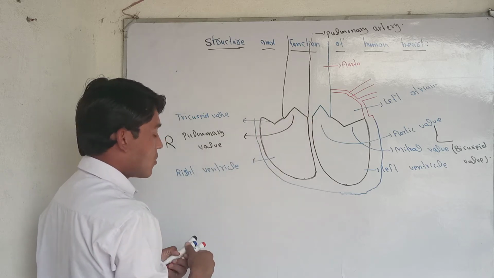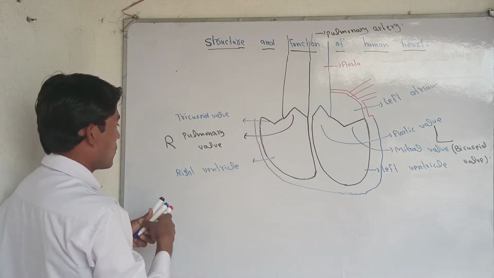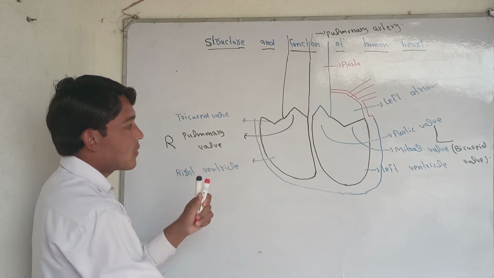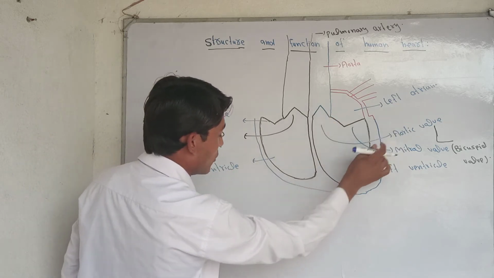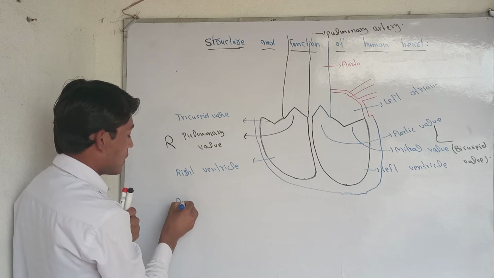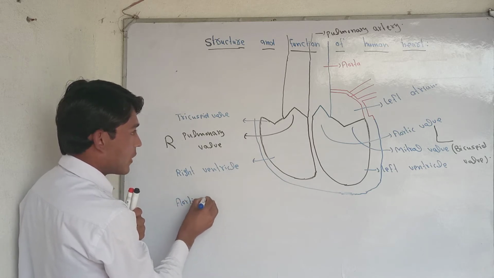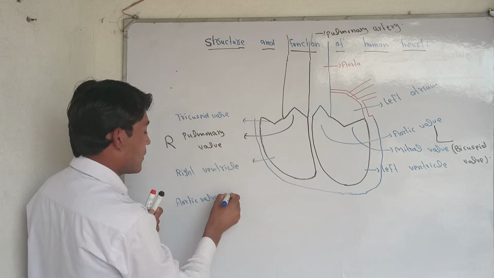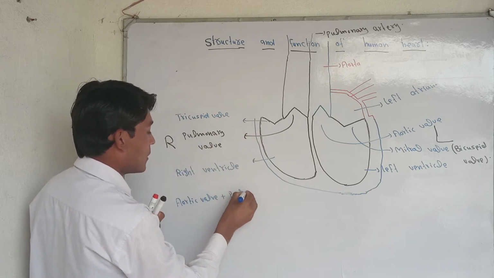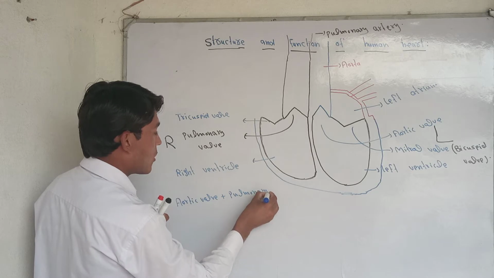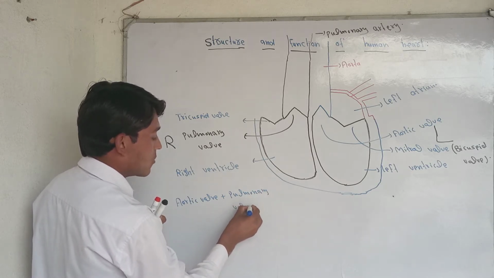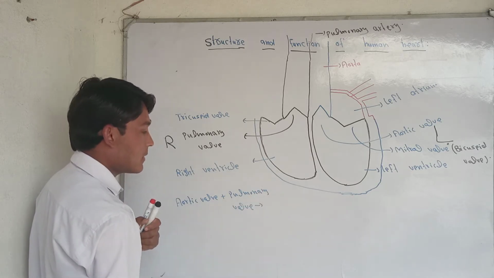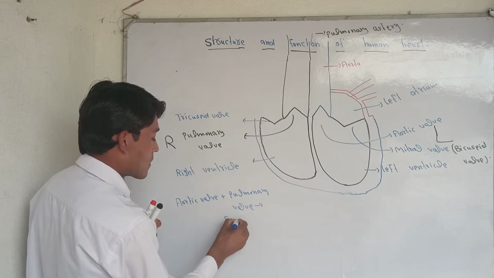These two walls are called semilunar walls.